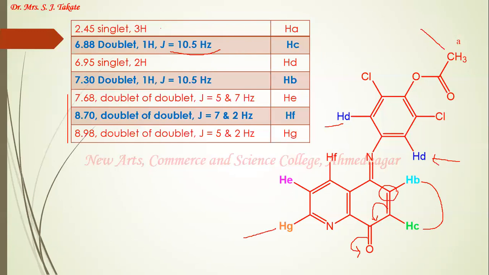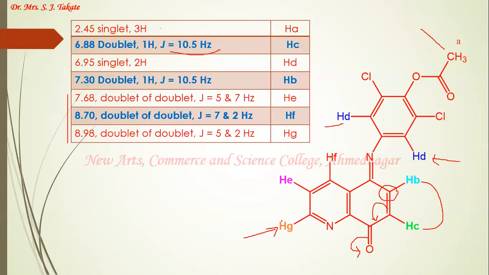If you observe carefully, you will notice that Hg is most de-shielded because its carbon atom is attached to nitrogen. So the 8.98 signal must be because of the Hg proton. It shows me a doublet of a doublet with 5 and 2 Hertz.